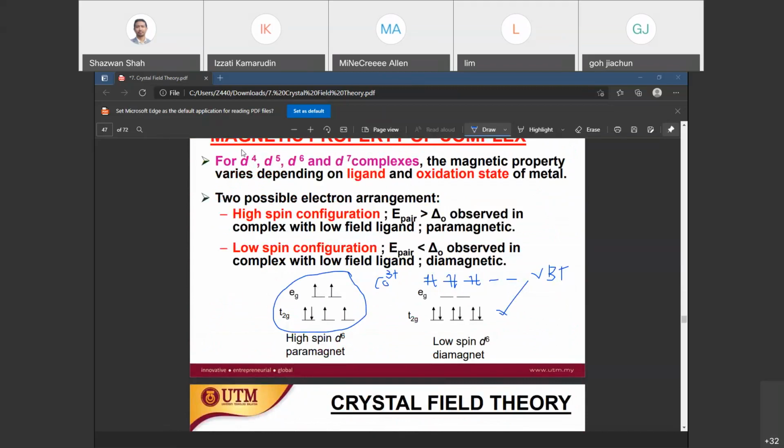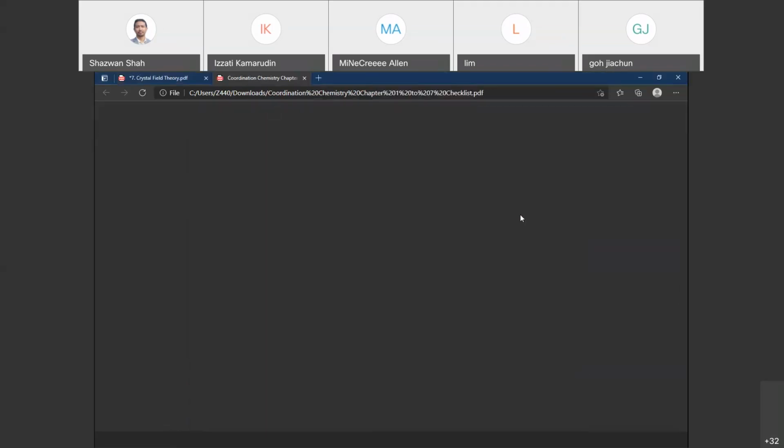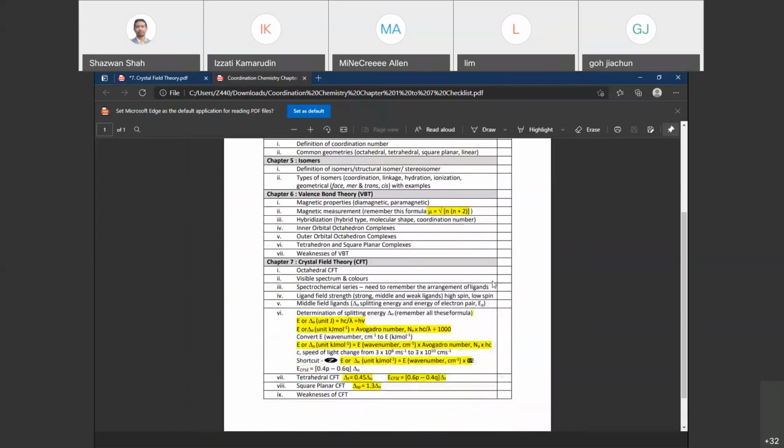So if I can summarize, for chapter 7: octahedral crystal field, visible spectrum, spectrochemical series, and ligand field strength.